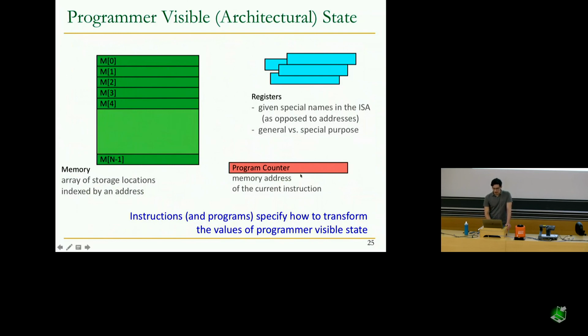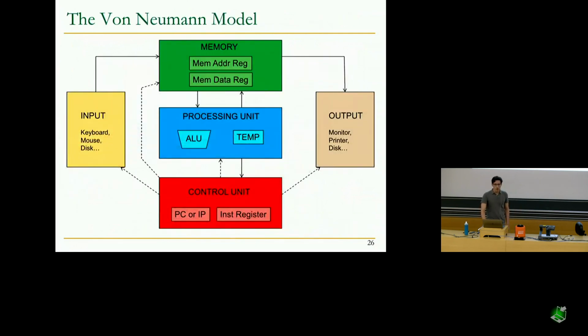So we say that this architectural state is programmer visible because the programmer can modify it by creating or writing programs or using instructions. So we finish here with the generic explanation of the von Neumann model.